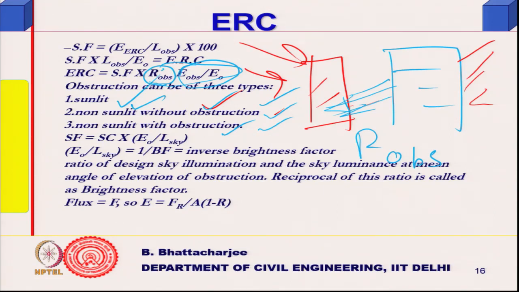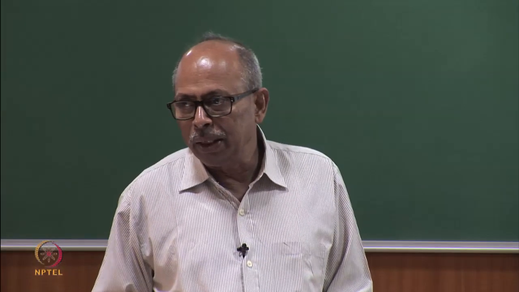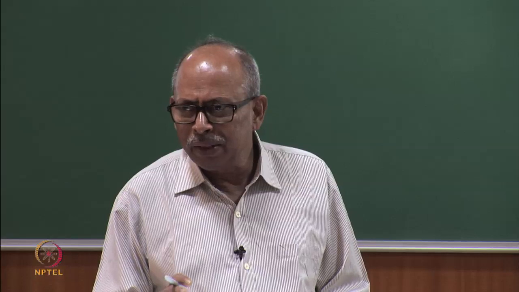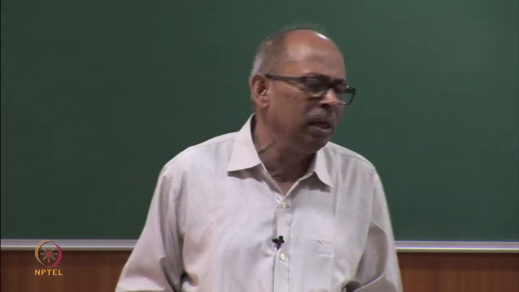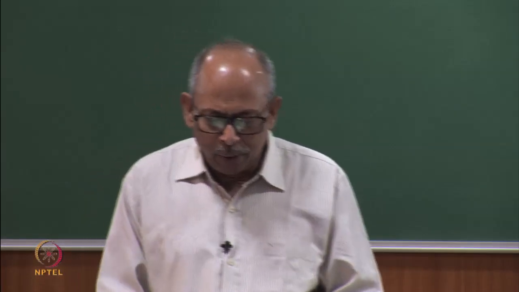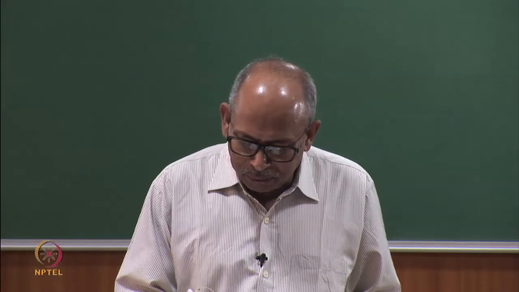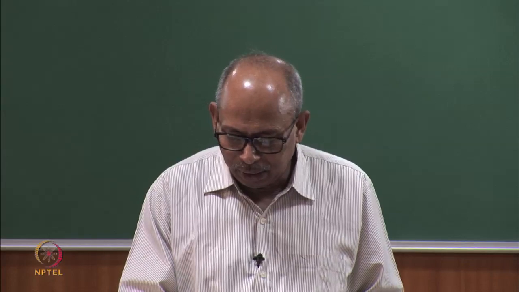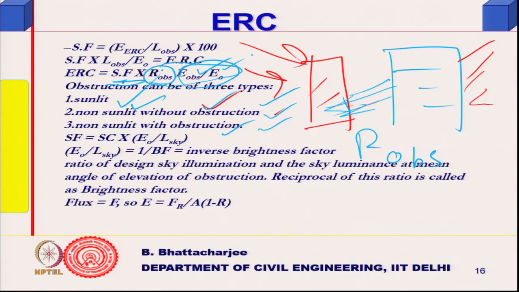One can obtain these values again from the table and multiply by the sky factor to get ERC. Let me see if I can solve a problem that would make life easier, looking at the table. E of the obstruction, the illumination of the obstruction, one can of course calculate from E 0, but these are given in a gross manner depending on angle.